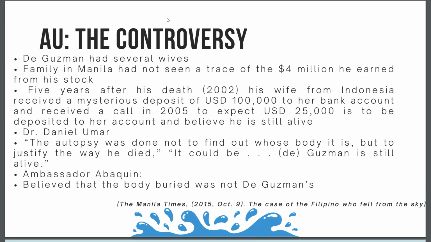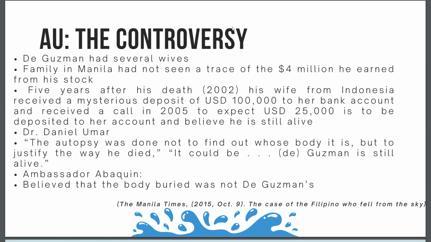So si Ambassador Abakin, he believed that the body buried was not De Guzman. Kasi nung ito ay dumalaw sa Indonesia, si Ambassador Abakin, para dun sa mga Filipinos na nadi-discriminate ng mga tao doon kasi sa ginawa ni Michael De Guzman.